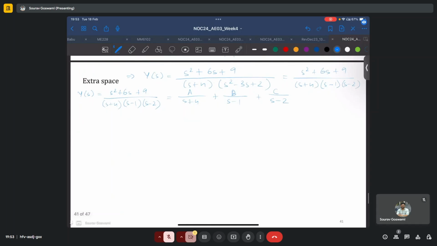And let us try to compute all of these coefficients by the cover-up method which we have practiced. So A is equal to s square plus 6s plus 9 by s minus 1, s minus 2 evaluated at s equals minus 4, that gives us 16 minus 24 plus 9 is 1 by minus 5 times minus 6 is 30.